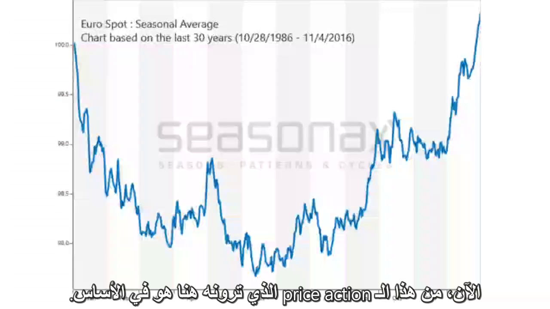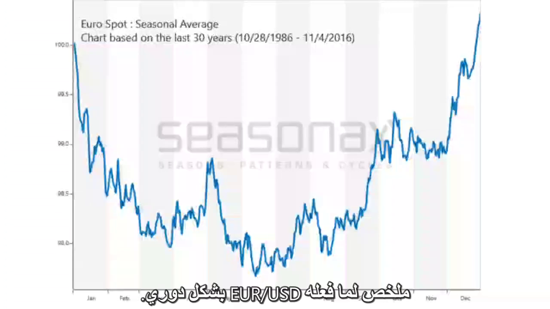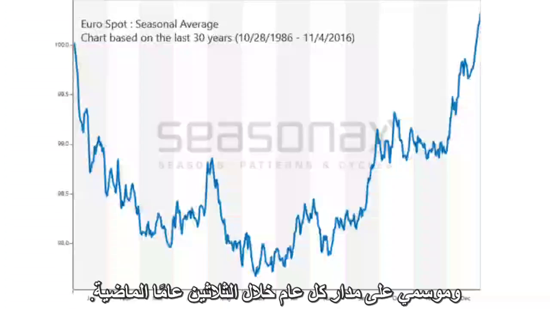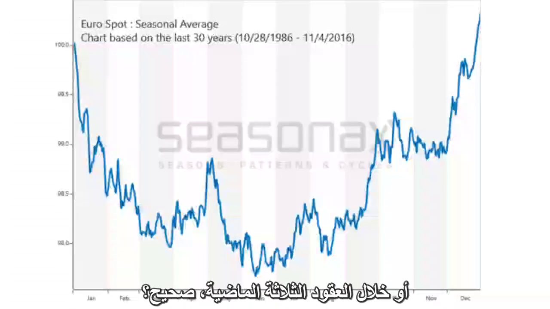Now, all of this price section that you see right here is basically a summary of what Euro USD has done periodically and seasonally over each year throughout the last 30 years, or the last 3 decades, right?